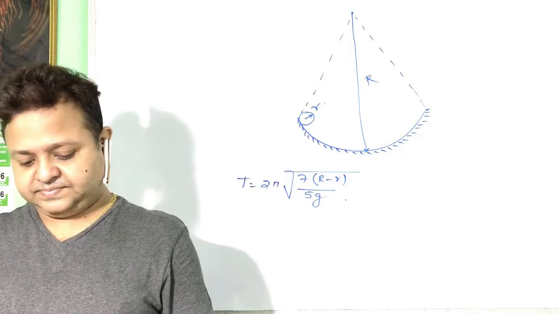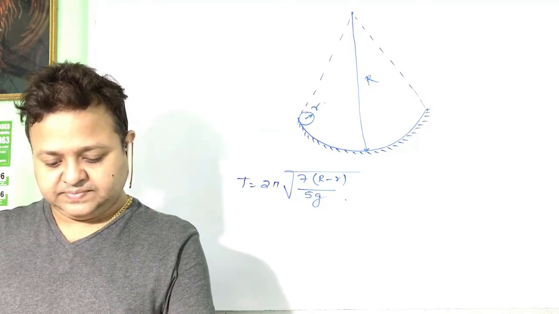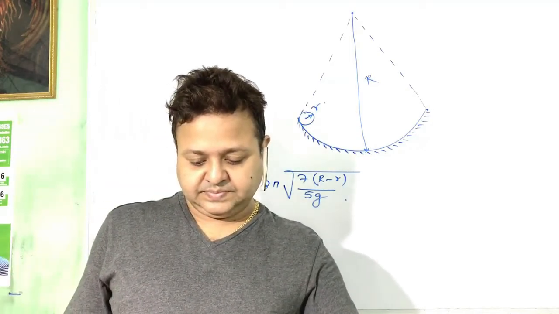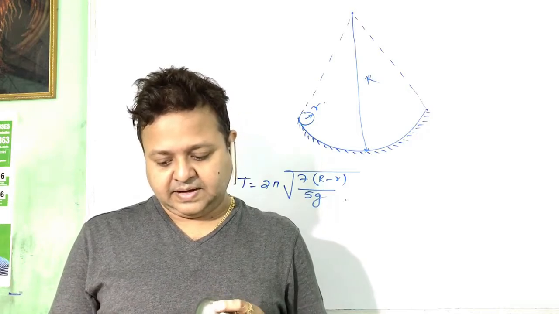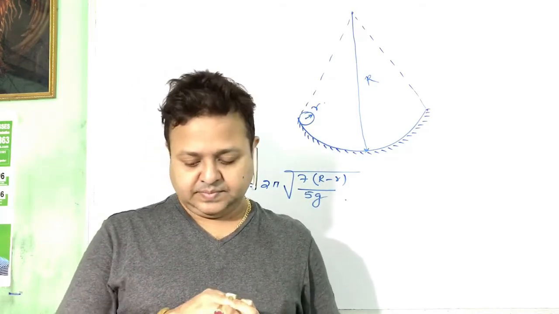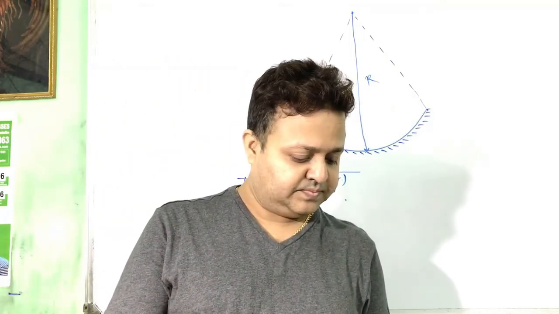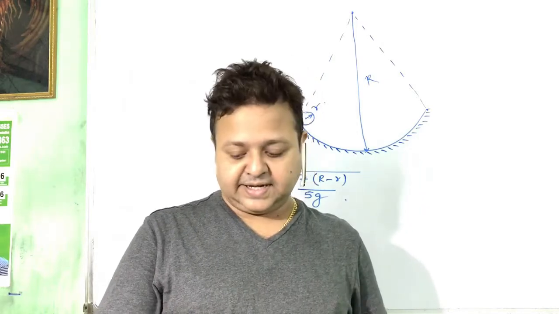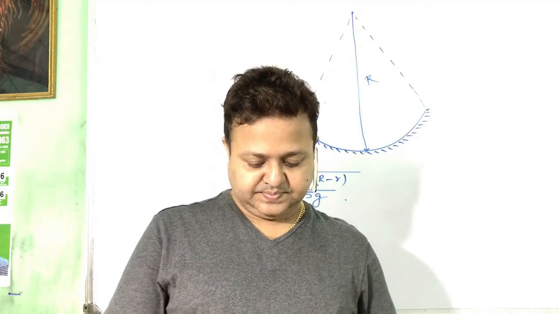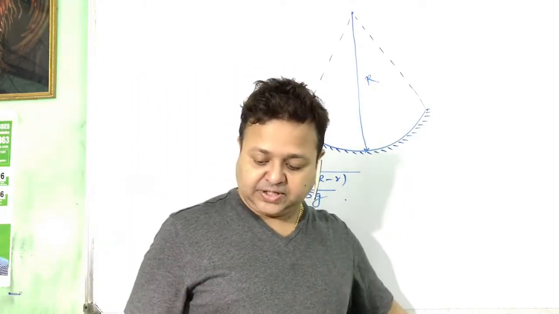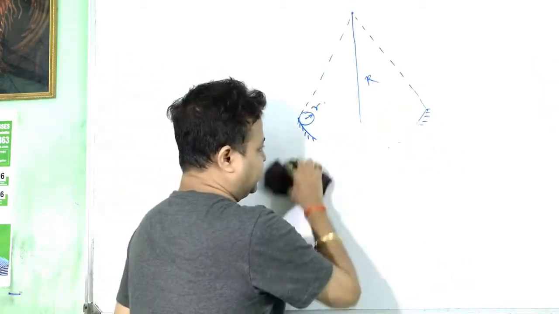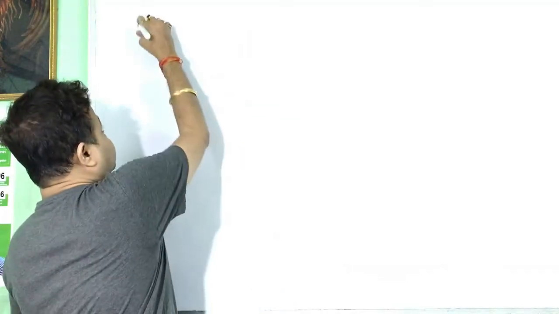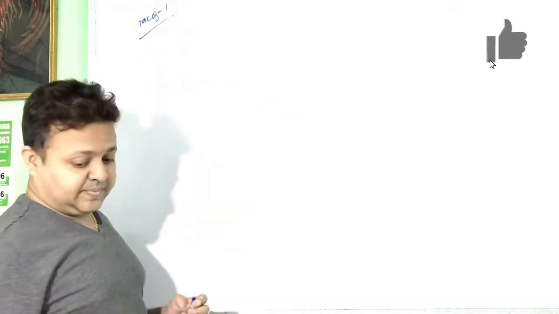MCQ number 1. A body executing simple harmonic motion has a maximum acceleration equal to 24 meter per second square and maximum velocity 16 meter per second.